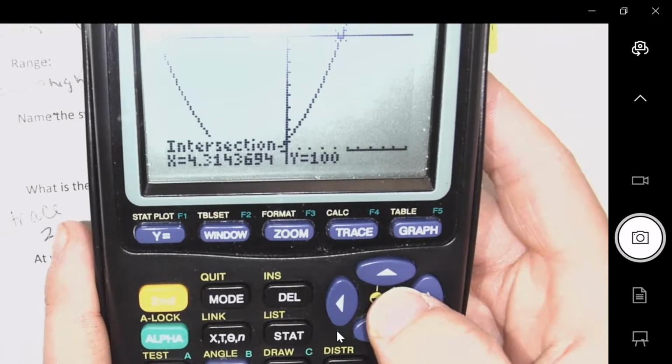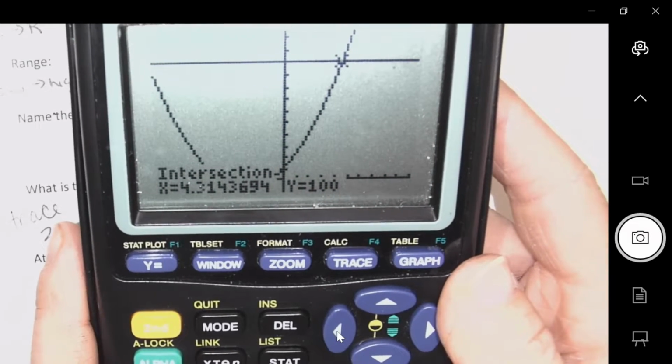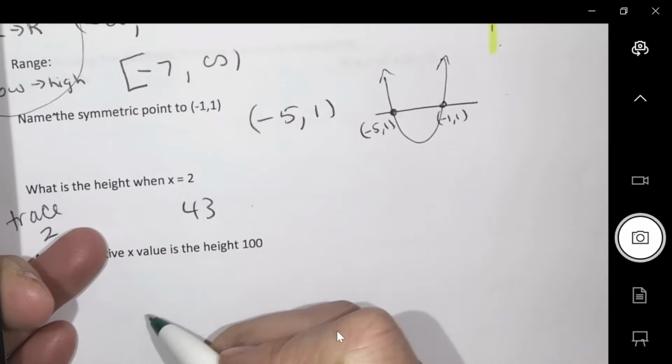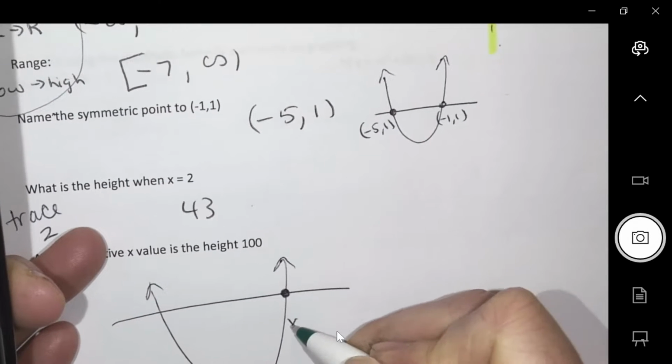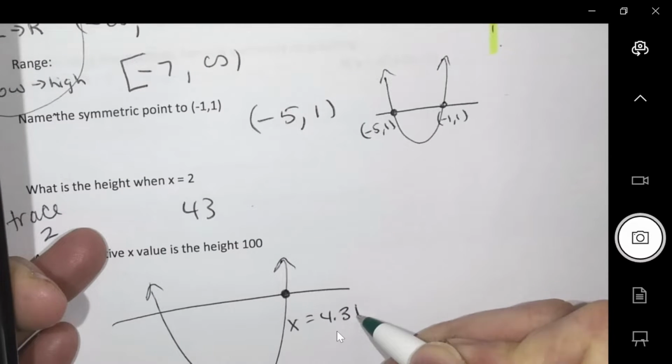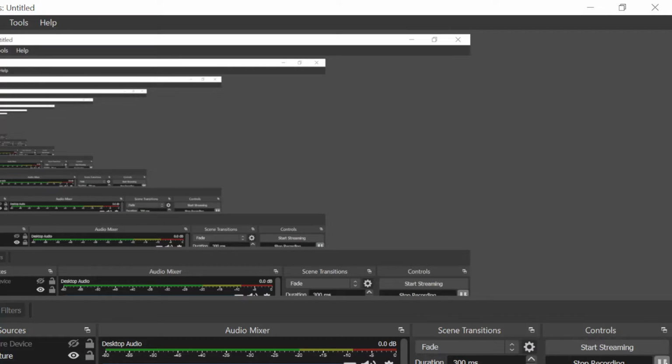So 4.31 is where it is intersecting an x value. Okay, anything we need to write on our cheat sheet from all?